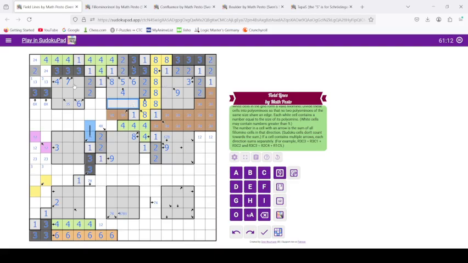How is Sudoku doing, in fact? 9 goes here. This is 1 and 7. No, 1 and 2. 1, 2, 3, 4, 5, 6, 7, 8, 9.